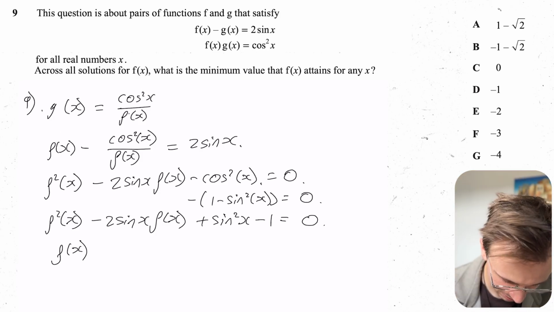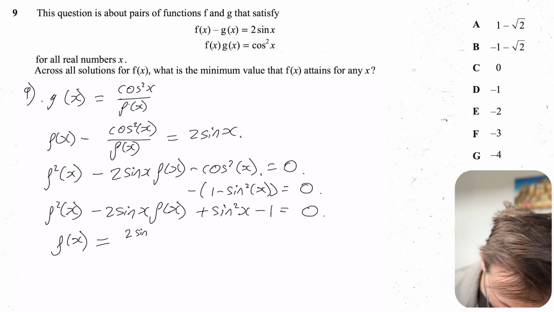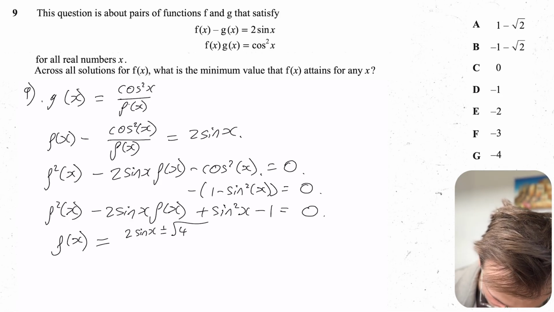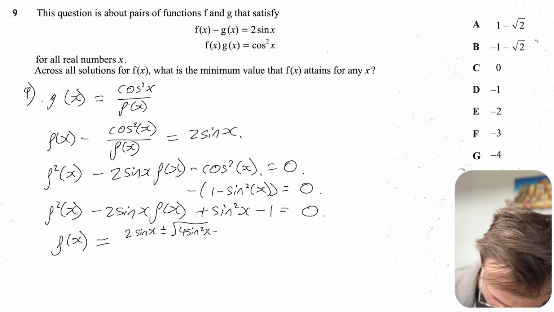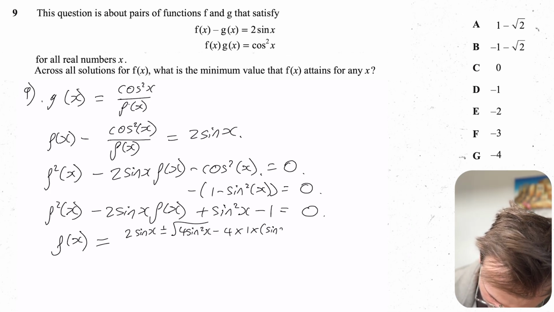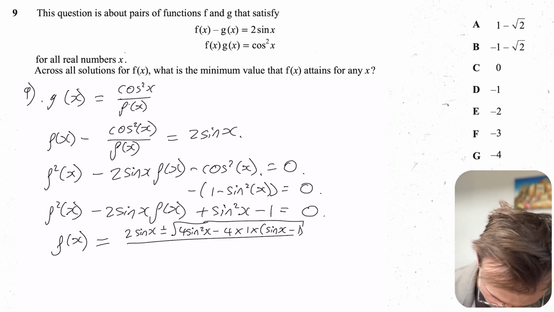f of x equals, so it's minus b, so it's 2 sine x plus or minus the square root of b squared, which is 4 sine squared x, minus 4 times 1 times by sine squared x minus 1, all over 2.